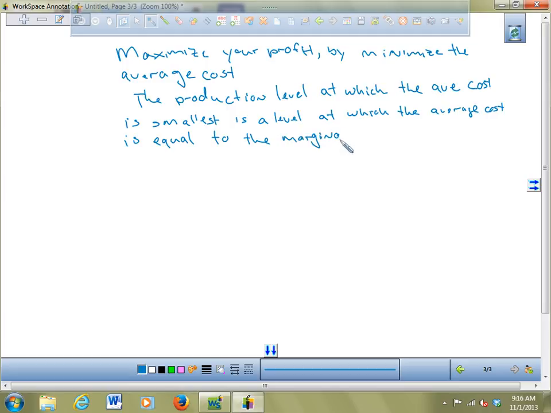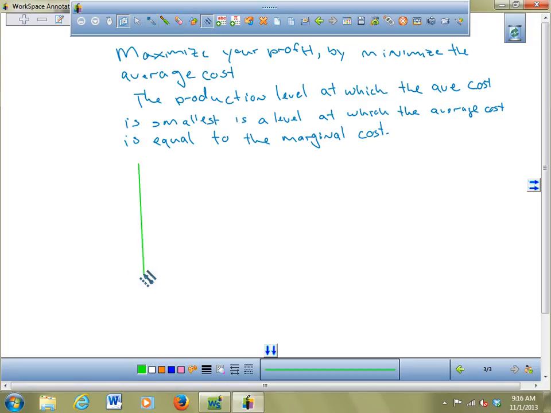Okay? So what the heck does that mean? It is actually an application of the mean value theorem.